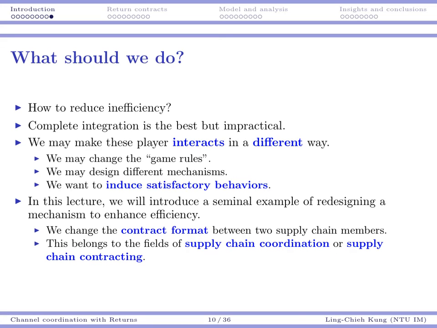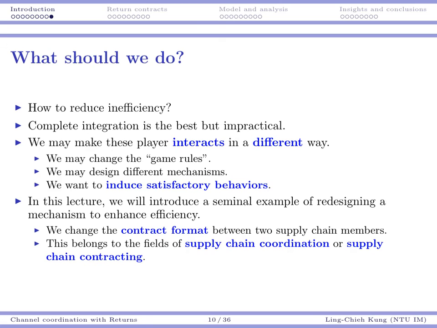Previously, it's just a wholesale price contract: for 1 unit, $5, for 2 units, $10, and so on and so on. But we may adjust the contract format just a little bit, and then we will see things will change significantly. And then the system may become more efficient.